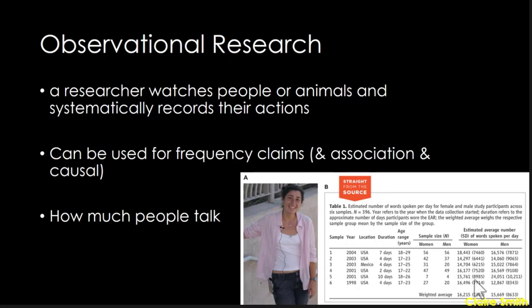So there was not a statistically significant difference in the average number of words per day, which goes against what a lot of people believe. Okay, but the only way we could have done this, right, is observationally. We can't ask people to report how many words or have them keep track of their own words. Obviously, that's not going to be very accurate. So the only way we can get accurate data is to observe people throughout the day.